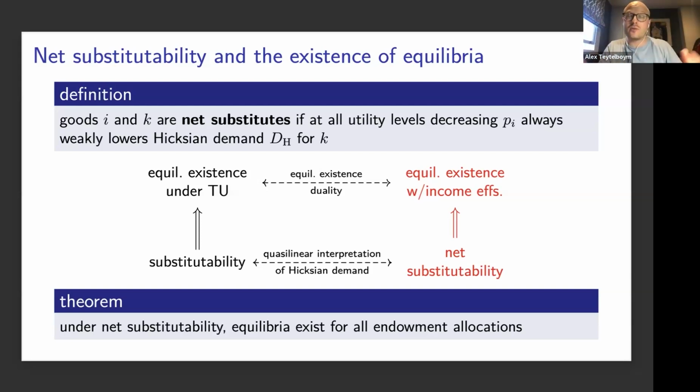When you think about gross substitutes, you just ask: you've got some endowment, the price has changed, has your demand for other goods gone up or down? The important thing, of course, is that conditions on Marshallian demand are observable directly. What you observe is prices and endowments. These net conditions are not necessarily observable, because the argument is a utility level.